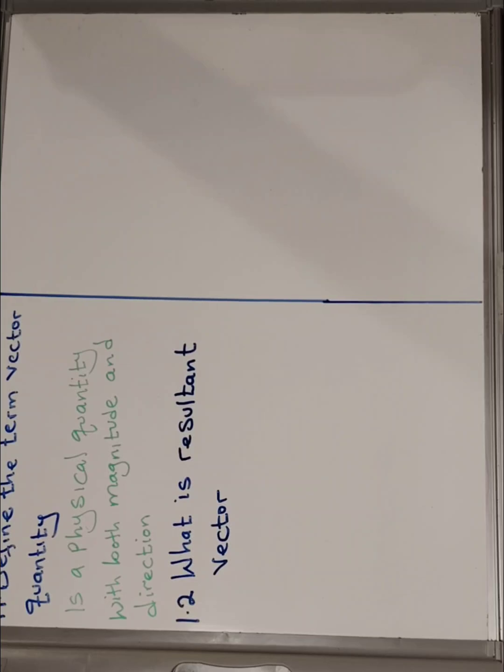Then comes the next question. It says, what is resultant vector? Okay, so what is it? Resultant vector is defined as the vector sum of two or more vectors.